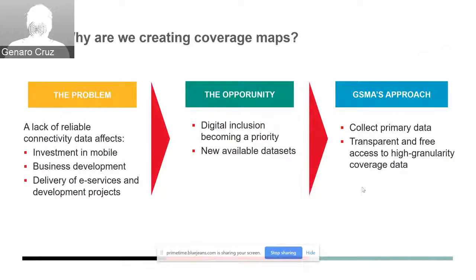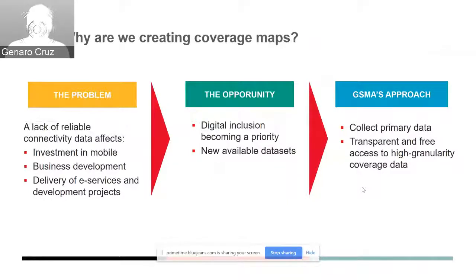And finally, there was a lack of information for governments who also want to provide e-government services in these remote and rural areas, and they were lacking this information to know who they could reach and increase the coverage of those services. At the same time, there was an opportunity. This opportunity comes from digital inclusion becoming a priority in the development agenda for operators, but also for other organizations.